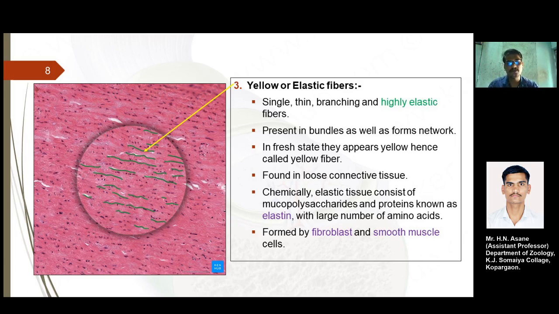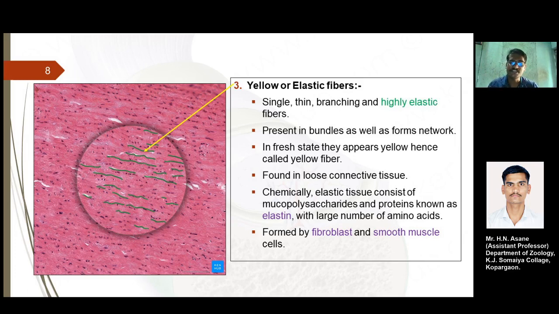Of the large number of amino acids present in elastin, specific types of amino acids come together and form one protein known as elastin, formed by fibroblasts and smooth muscle cells. We have seen the fibroblast is situated and incorporated.